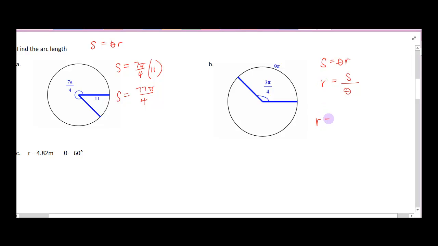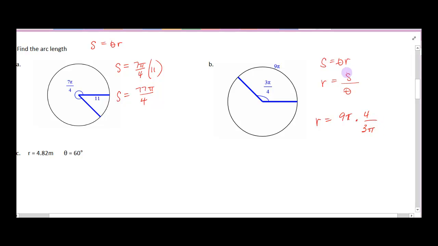So the arc length is 9 pi, and I'm going to divide by theta, which is a fraction. Remember, when I divide by a fraction, I multiply by the reciprocal. So I'm going to flip it, because the reciprocal would be 4 over 3 pi.